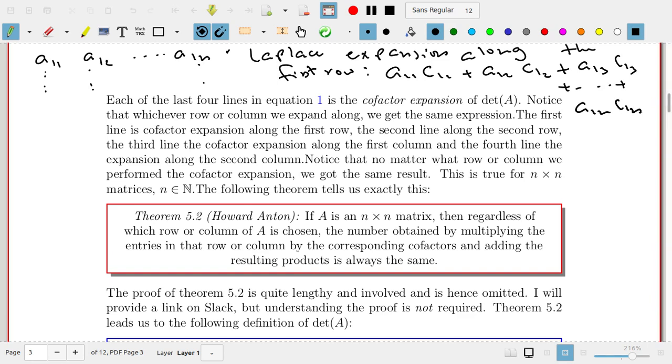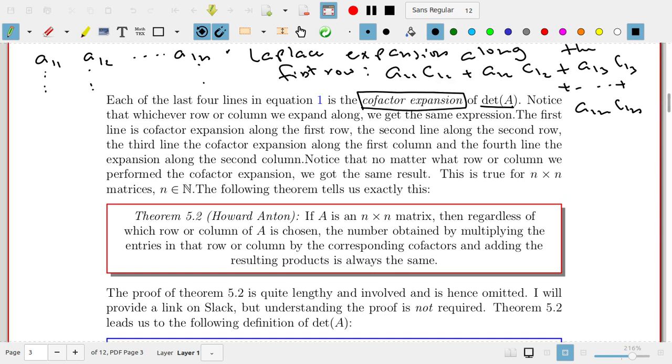So you can do the Laplace expansion along any row or any column. The more common name for Laplace expansion is the cofactor expansion. Okay, so the cofactor expansion of determinant A.